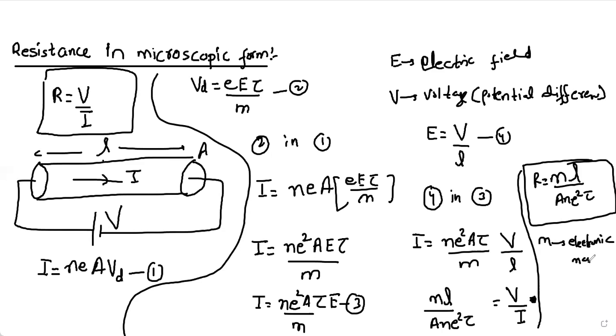Microscopic form means expression of resistance in terms of microscopic variables like number density, electronic mass, relaxation time. These all are microscopic variables. What is small n here?